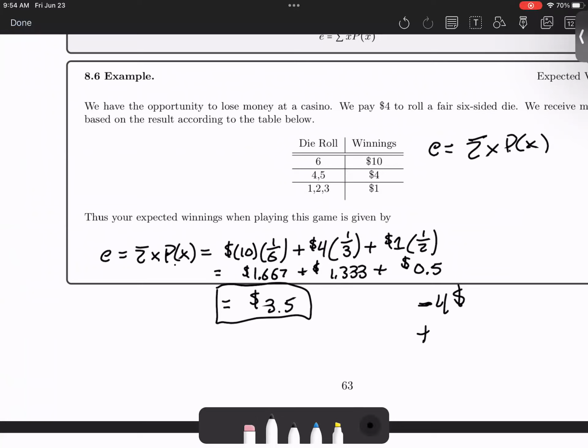But then you expect to get back $3.5. Then on average, every time you play this game, you're going to be out $0.50 or 50 cents. So don't play this game, right? You might win sometimes, but why would you play this? It's not likely that you're going to walk away with money.